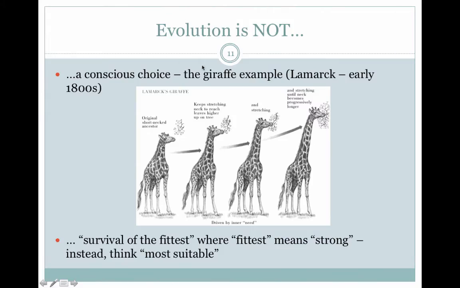Evolution is not a conscious choice. There's a dude named Lamarck, you don't need to know his name, but he postulated that organisms chose to evolve in response to changes in their environment. And so things like the giraffe wandered into an area with food that was really high, and so over the course of generations, it kept wishing to get to that food.